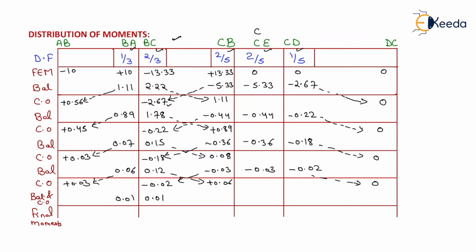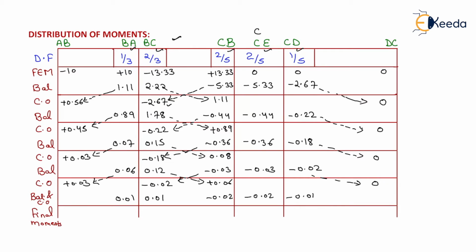Similarly, at joint C, there will be an unbalanced moment of plus 0.06, which needs to be balanced by minus 0.06, and it will be distributed in CB, CE and CD according to their distribution factor. So if we multiply minus 0.06 by 2 by 5, we will get the value as minus 0.02, minus 0.02 and minus 0.01.